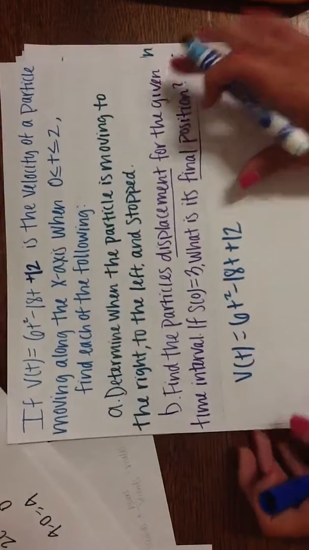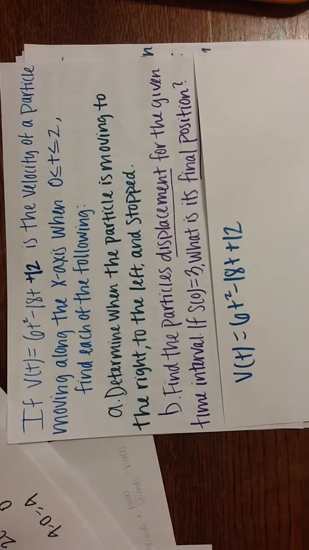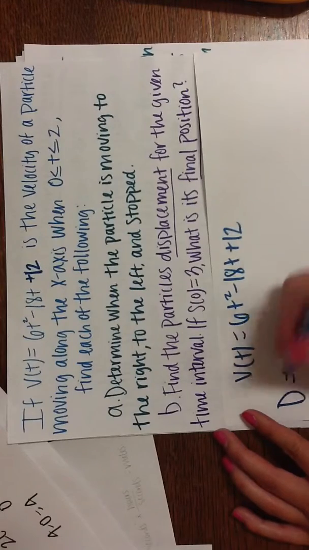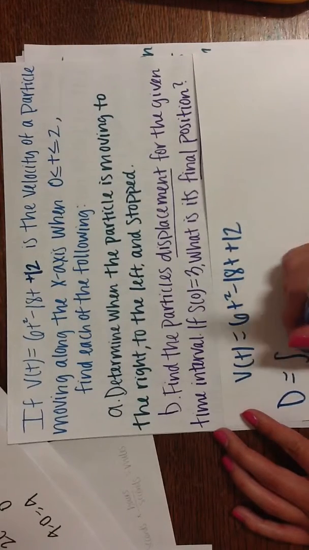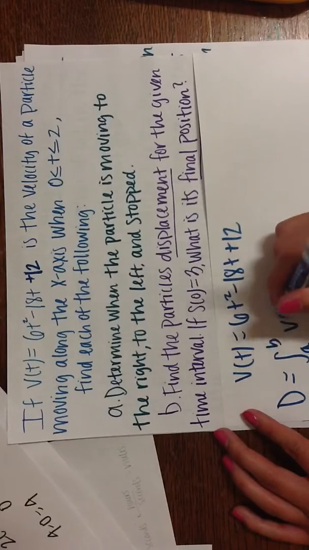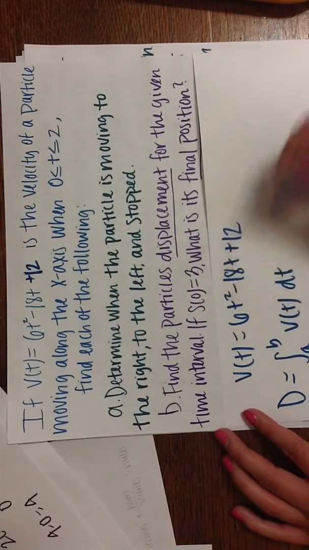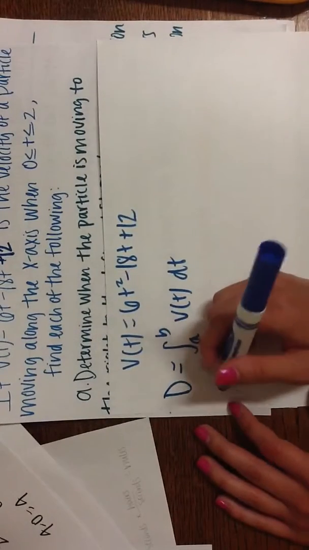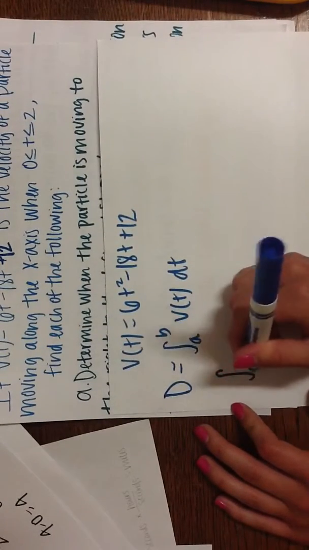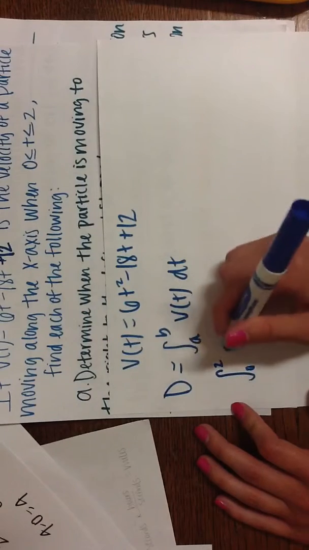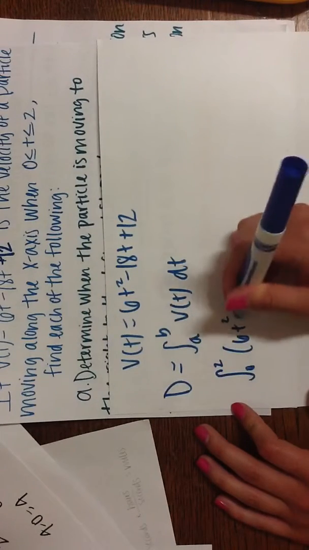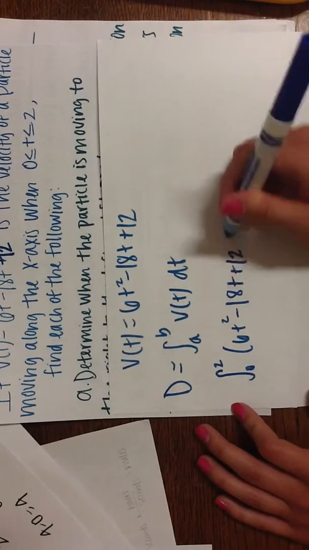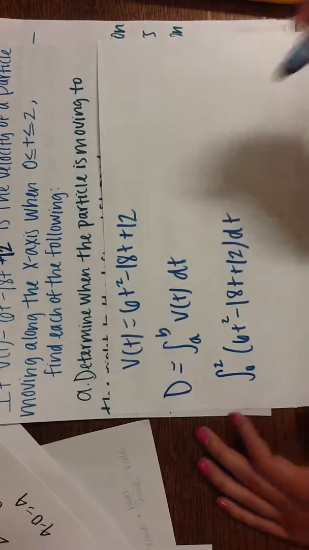Now we are going to insert v of t into the formula for displacement, which we now know as displacement equals the integral from a to b of v of t dt. So we're going to plug in what we know, which is the integral between 0 and 2 of 6t squared minus 18t plus 12 dt.